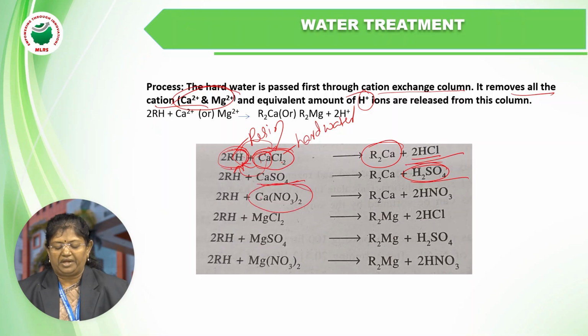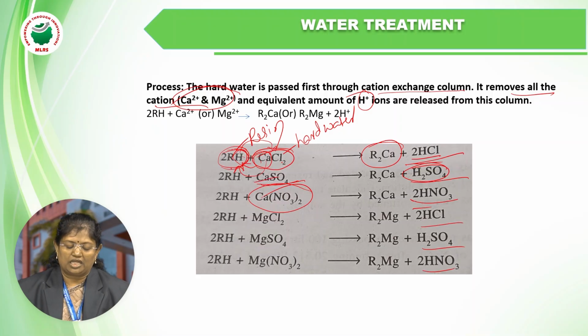If it is calcium nitrate, the output of the cation exchanger is nitric acid. Like this, for both calcium and magnesium salts, whatever salt is present in the water, its cation is exchanged with the resin.